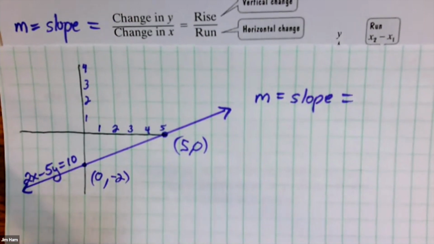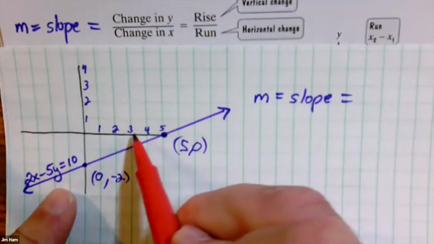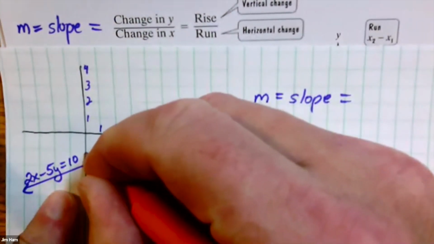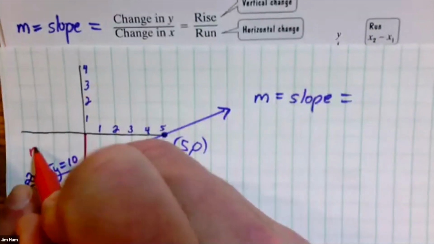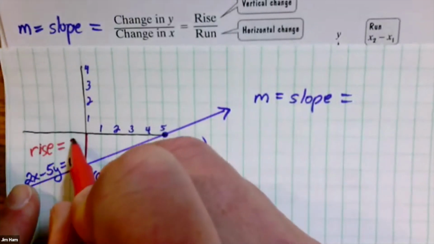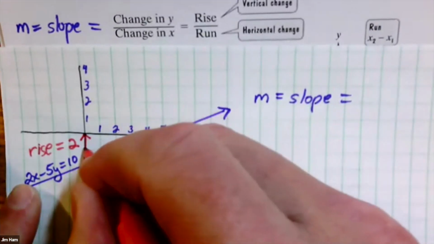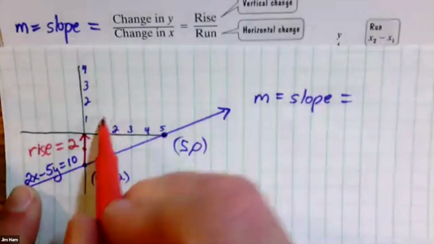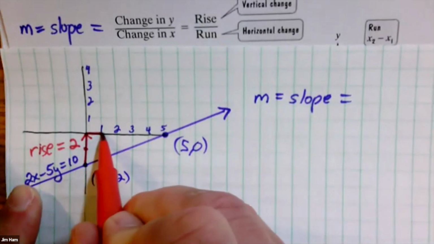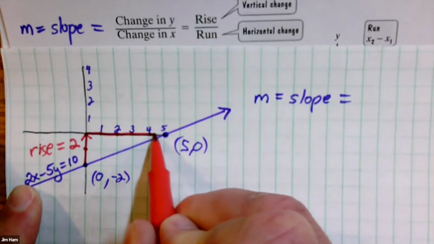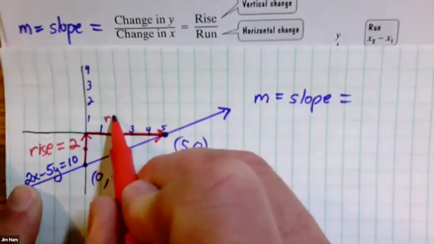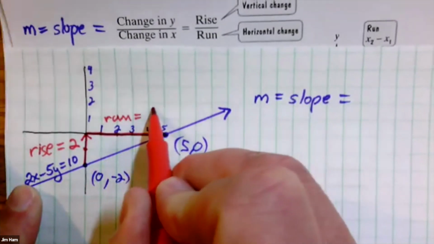So in this picture, if we go from this point to this point, we go up 2. So the rise equals 2. And then we go over 1, 2, 3, 4, 5. So the run is equal to 5.